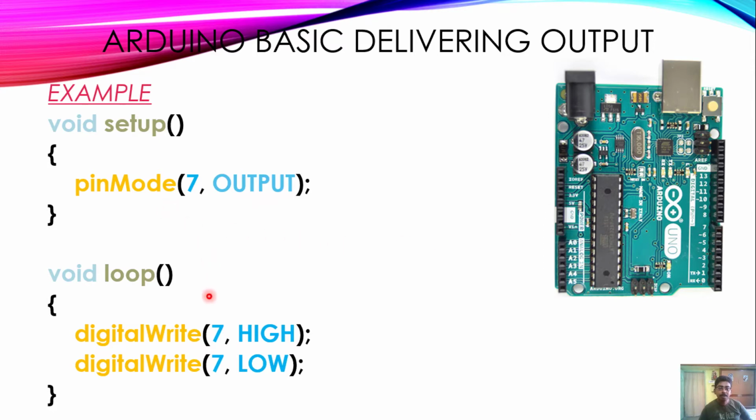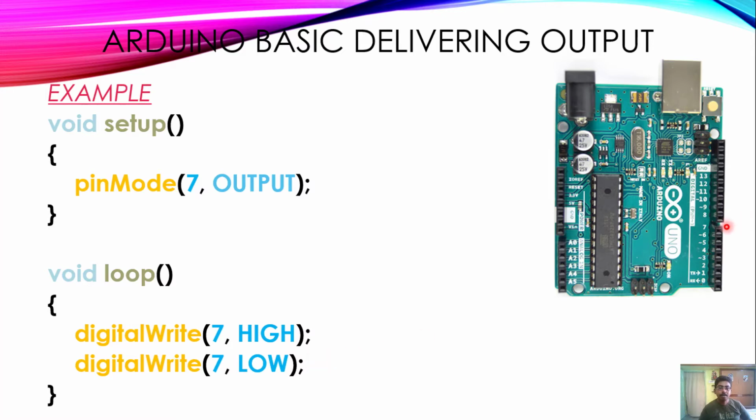Now to deliver the output from the Arduino, which is high or low, we need to write these statements in the void loop function. You can define digitalWrite(7, HIGH) to turn the 7th pin high.